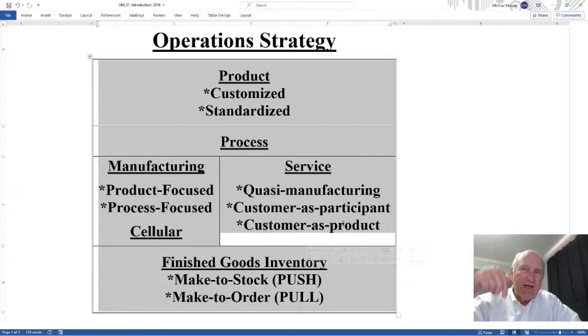Economies of scale drove down the cost, and we captured markets. Japan, after World War II, did not have a large capacity because when they shifted from wartime to peacetime, they didn't have the capacity.